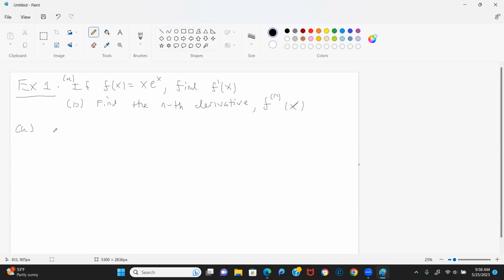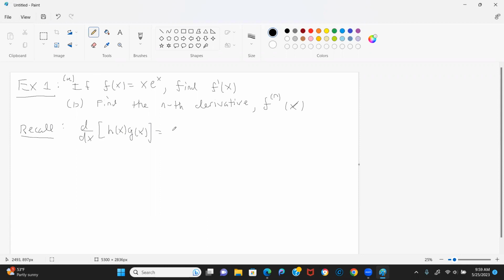So for A, we're going to use the product rule. So we have this as the first function. Let me just write down the product rule so you have it. It's always good to have the product rule. Since we already have f, I'll use different notation. Let's say I use h of x and g of x.